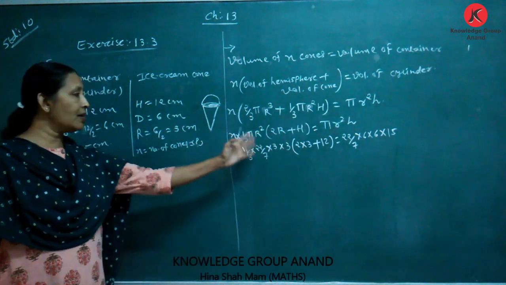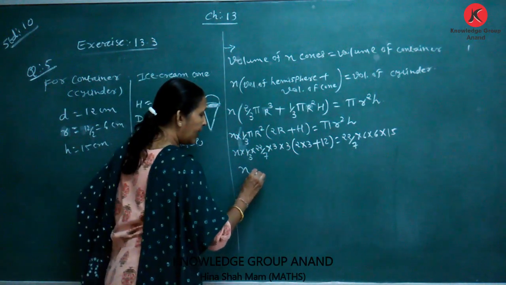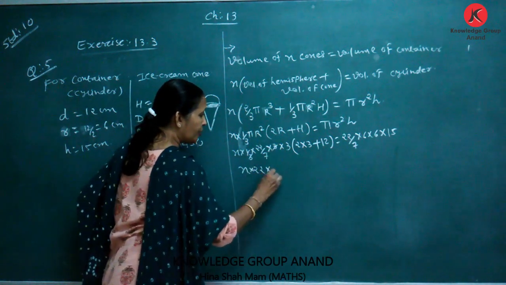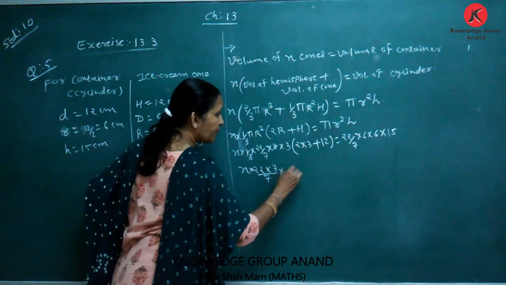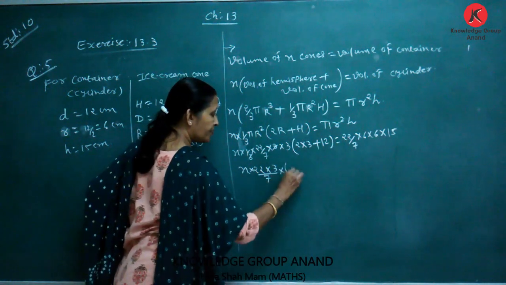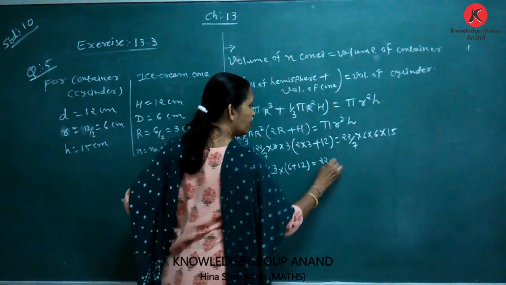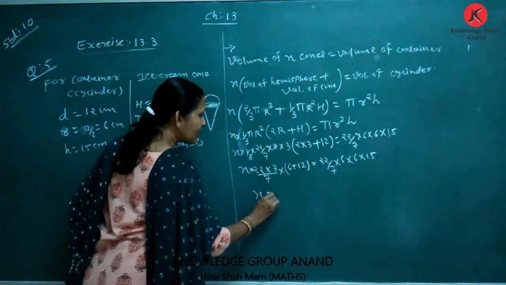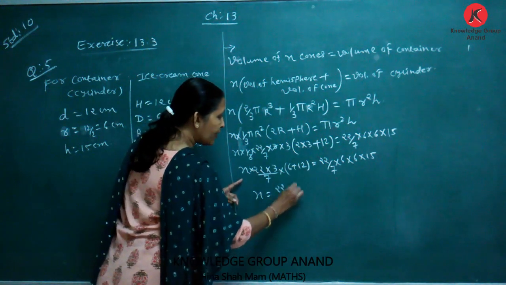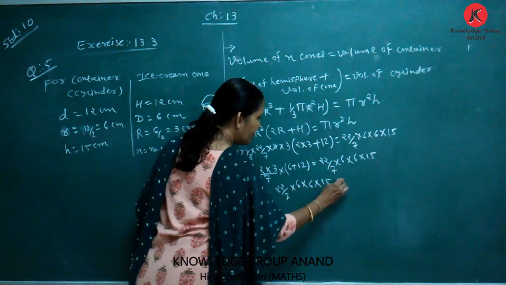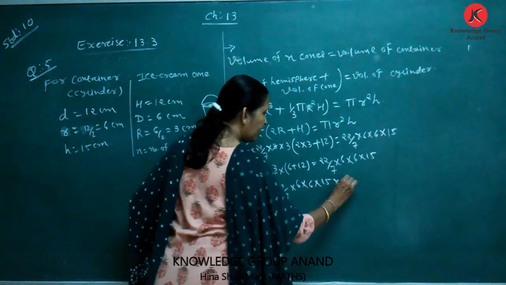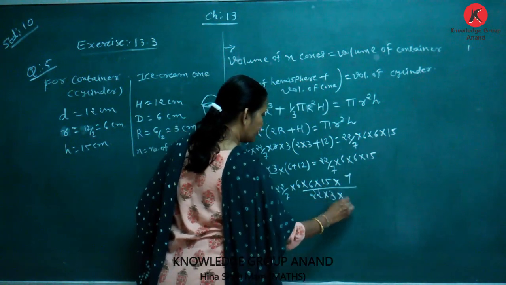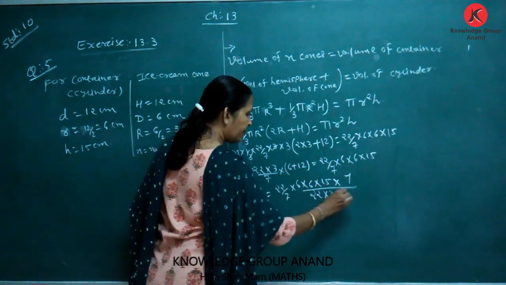You convert all these terms to the opposite side, and here I write 22 into 3 upon 7 into 2 3s are 6 plus 12 is equal to 22 by 7 into 6 into 6 into 50. n is equal to 22 by 7 into 6 into 6 into 50 into 7 upon 22 into 3 into 6 plus 12, that is 18.